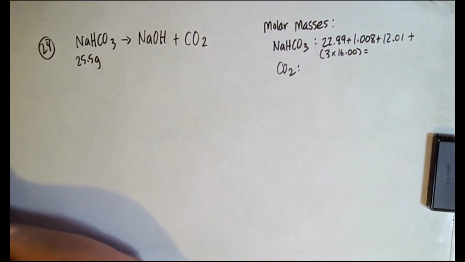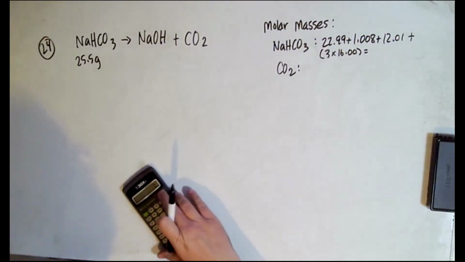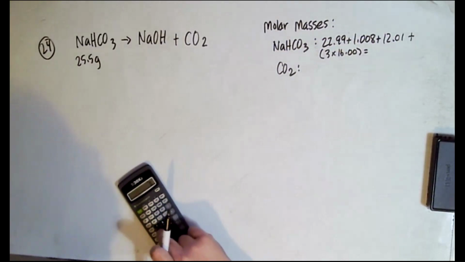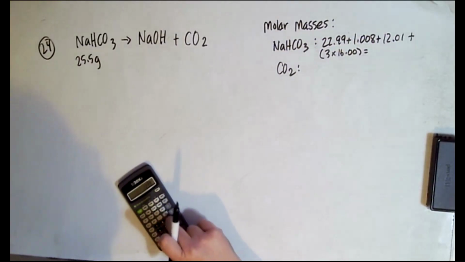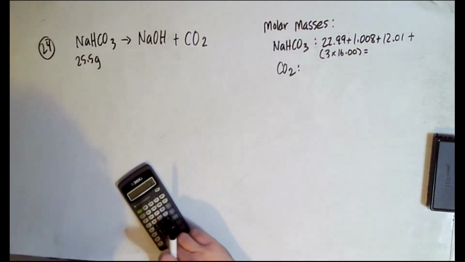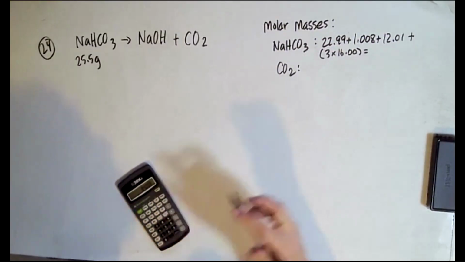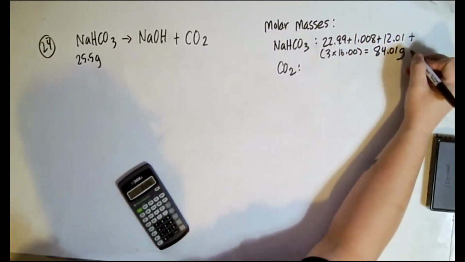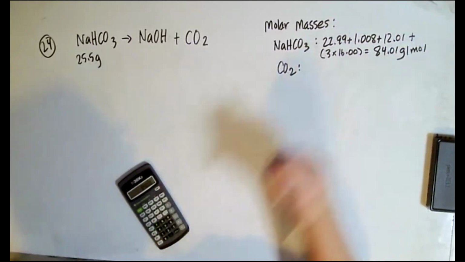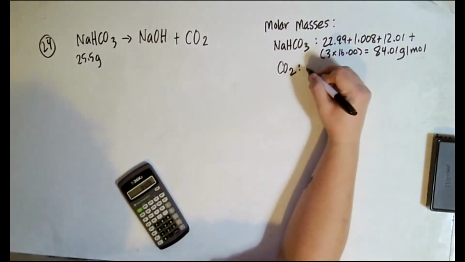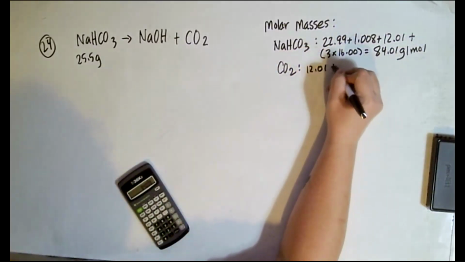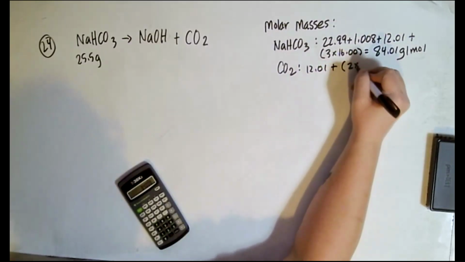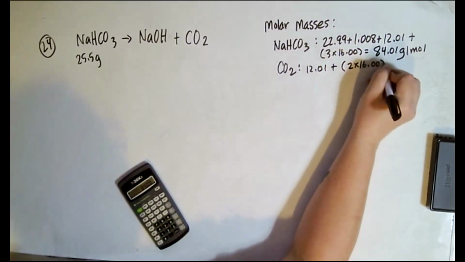All of that is the molar mass for our sodium hydrogen carbonate. And for our CO2, we got 12.01 plus 2 times 16.